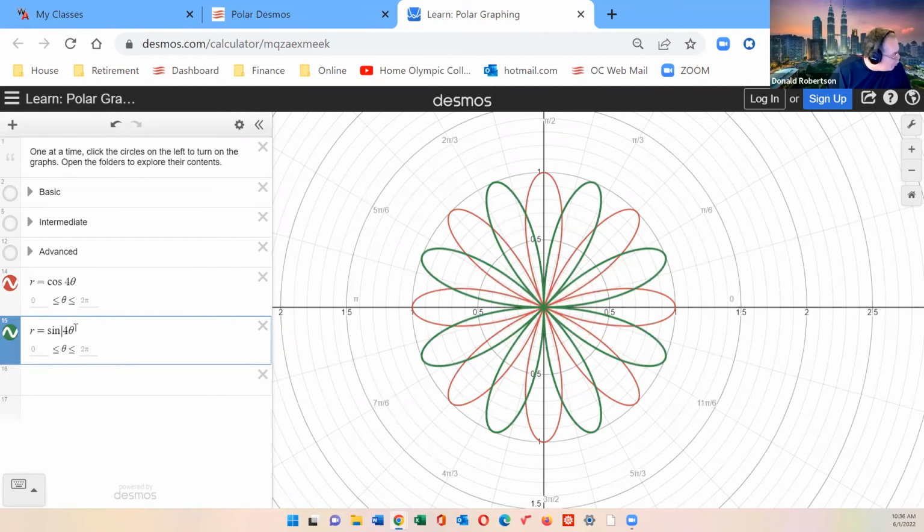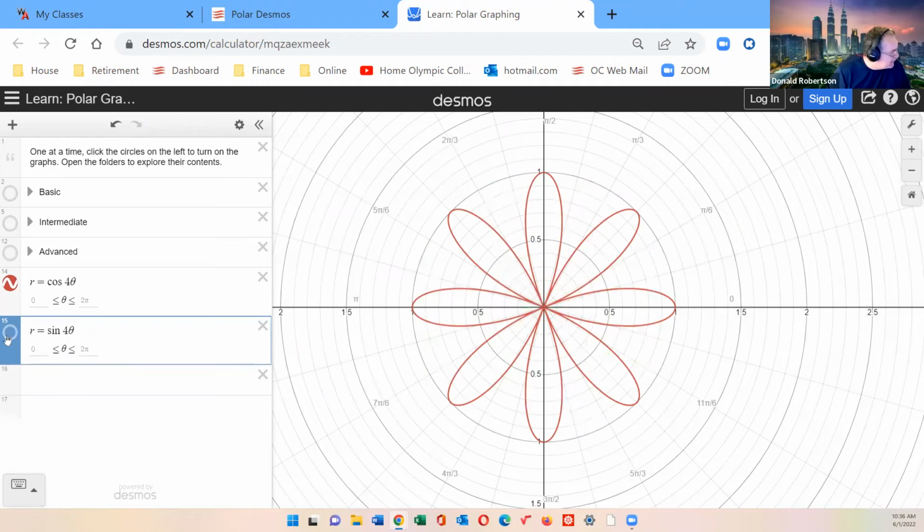Now, what would happen if I put in, well, let's copy this one so we have both. So I've got this one, and I stick a number like 2 here. That's what the cosine of 4 theta looks like.